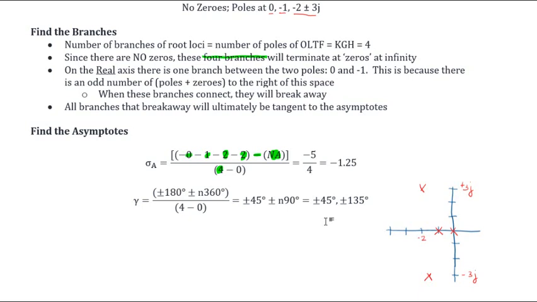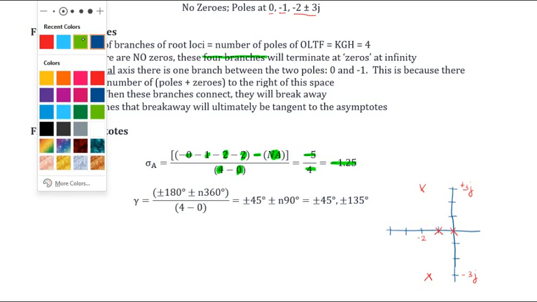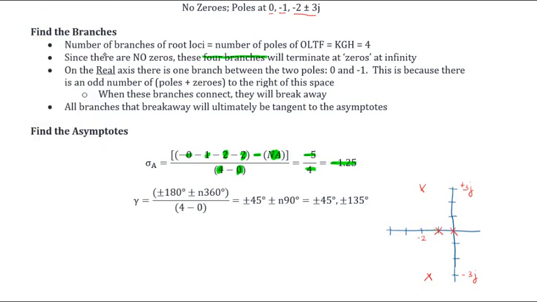There's 4 poles minus 0 zeros, and so -1, -2, -2 is -5 over 4, so -1.25. I'll go ahead and place that in as green, so that's going to be right about there, is sigma sub A.